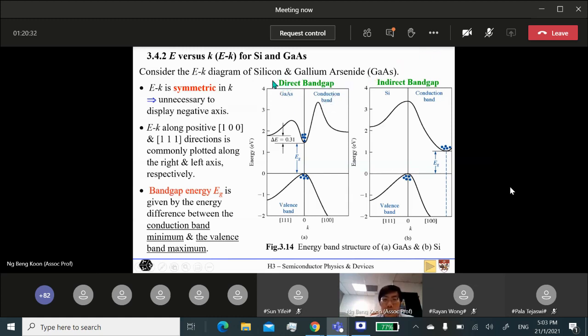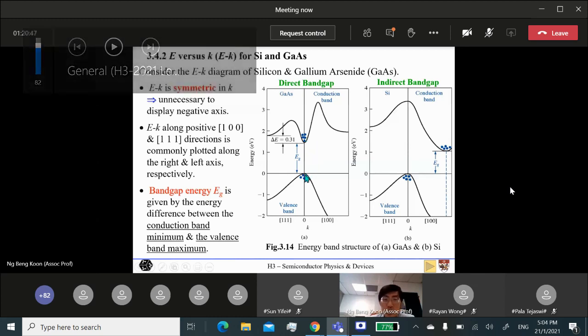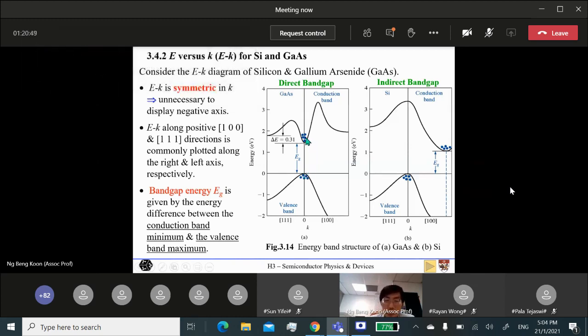If we look at the direct bandgap semiconductor material, in such a material, if you have some electrons in the conduction band and some holes in the valence band, then for an electron in the conduction band to get down to the valence band, this can occur quite readily.